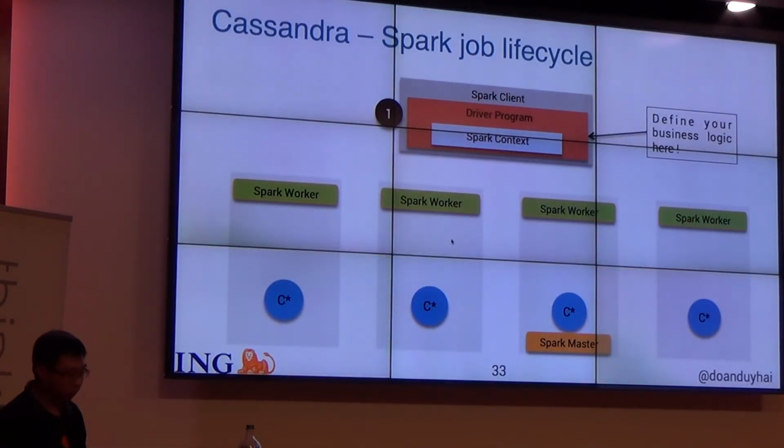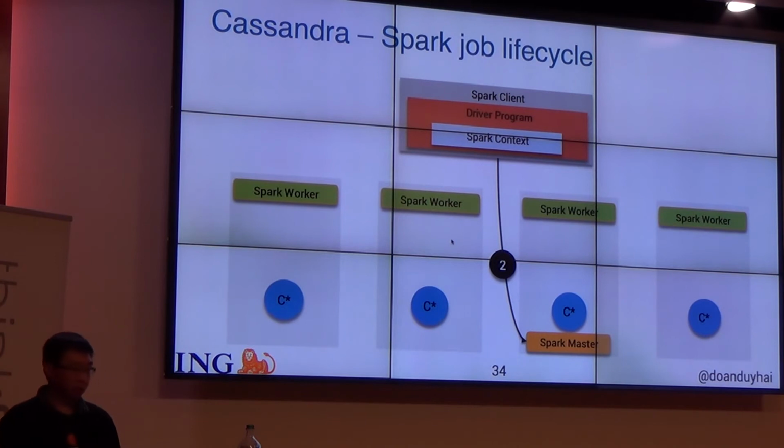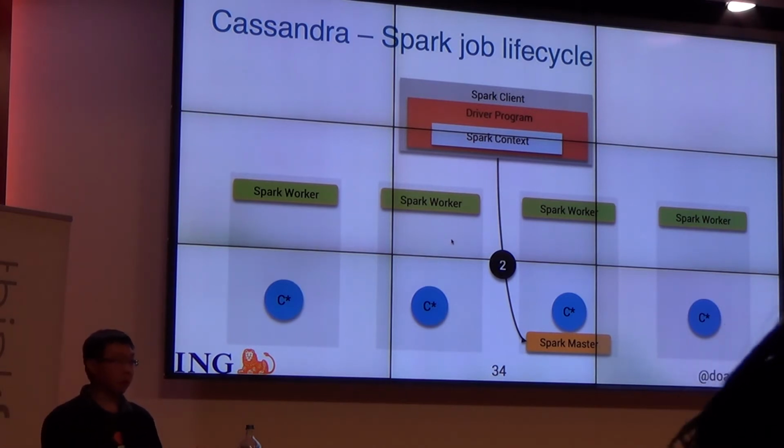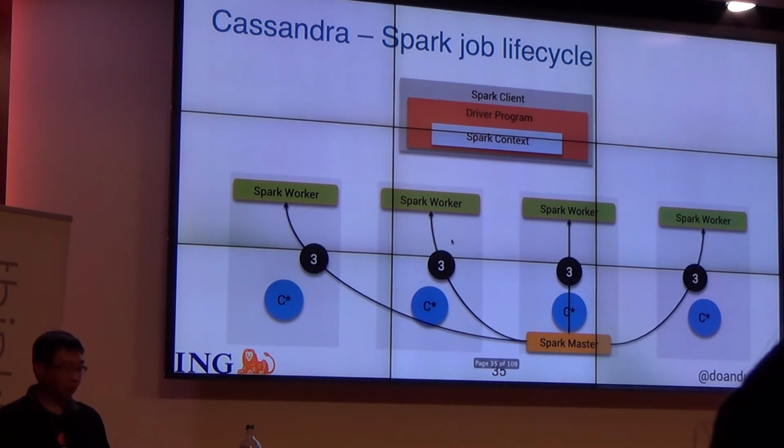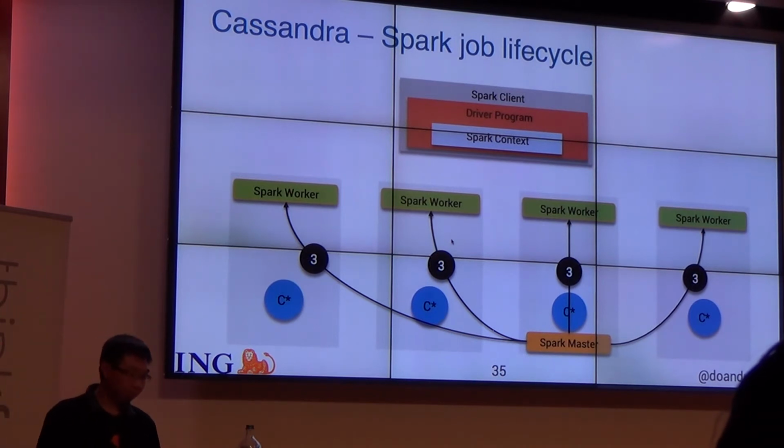First, I start my Spark job. The Spark client will send this job to the Spark master: hey, we have a job, please give us some resources. The Spark master will dispatch this job onto 3 workers, if they are not busy.